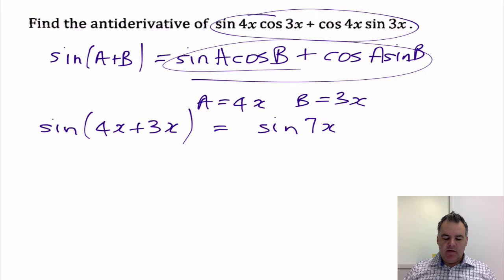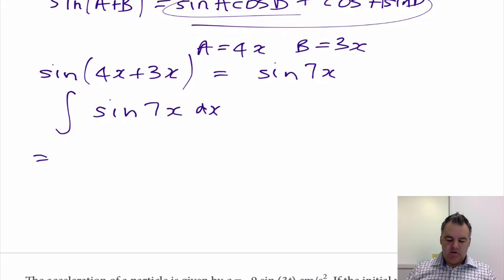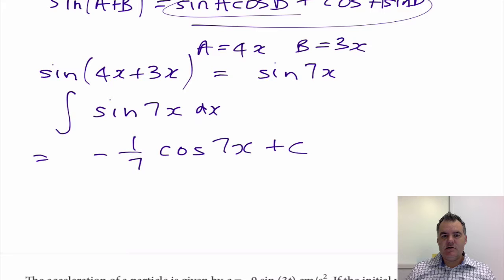So rather than thinking the antiderivative of this stuff here, which is, I can't think of a way to do that, this whole antiderivative is just the integral, the antiderivative of sine 7x dx, which is a real easy one, isn't it? Negative 1/7 cos 7x plus c. That's it.